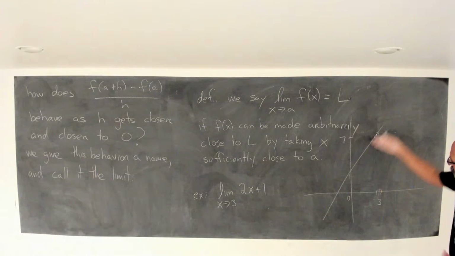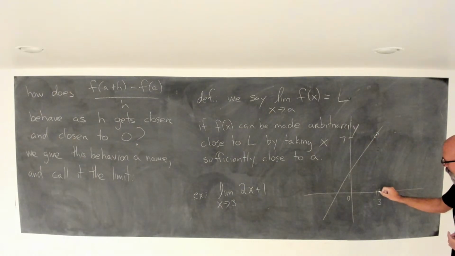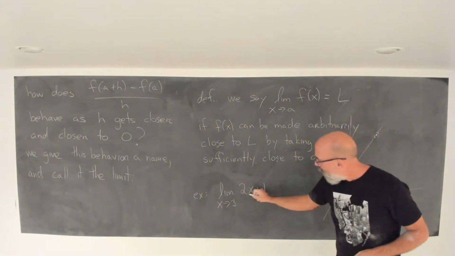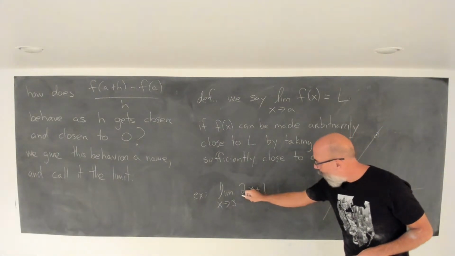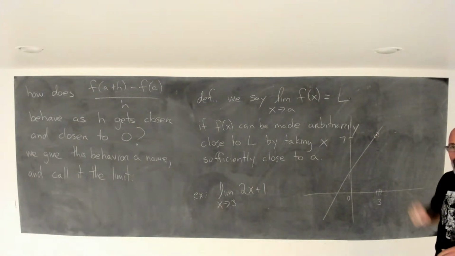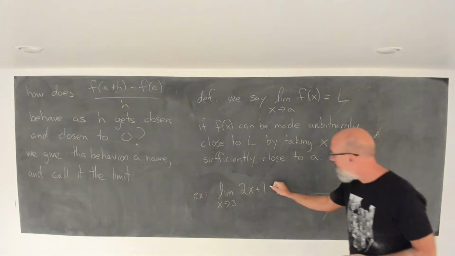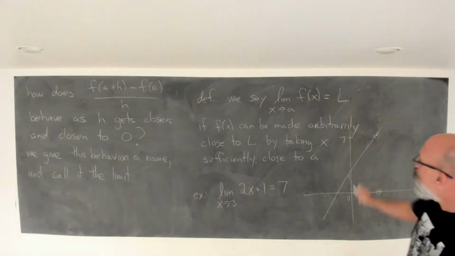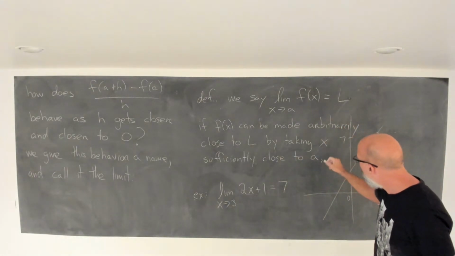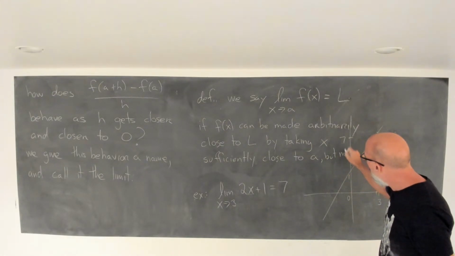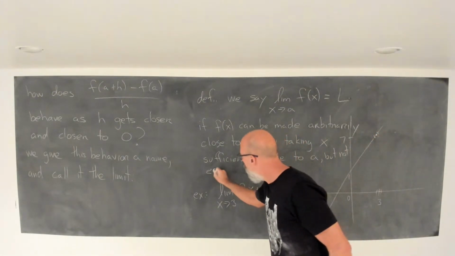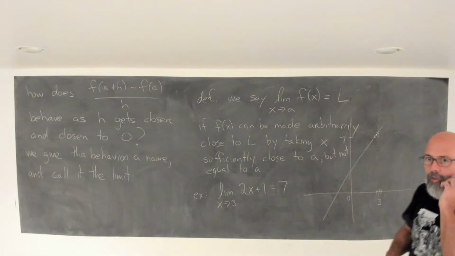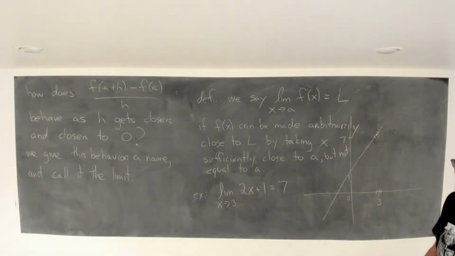This function is very well behaved. If you take any values very close to 3, this is going to be close to 6 plus 1, which is close to 7. And consequently, we say that the limit, x is sufficiently close to A, but not equal to A. Forgot this part in the definition of the limit.